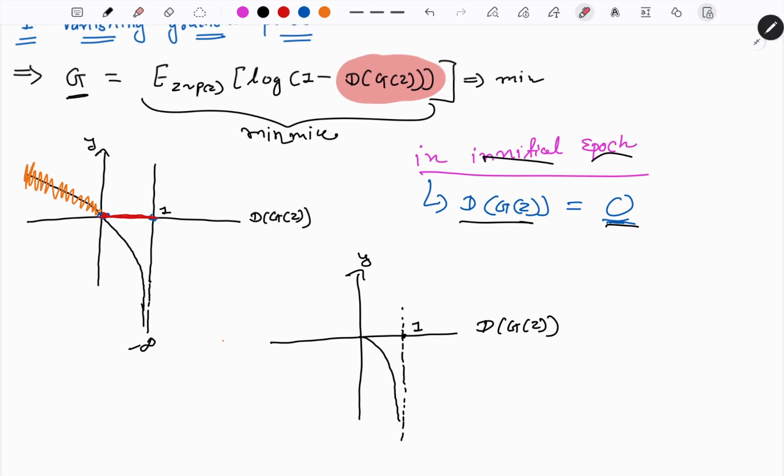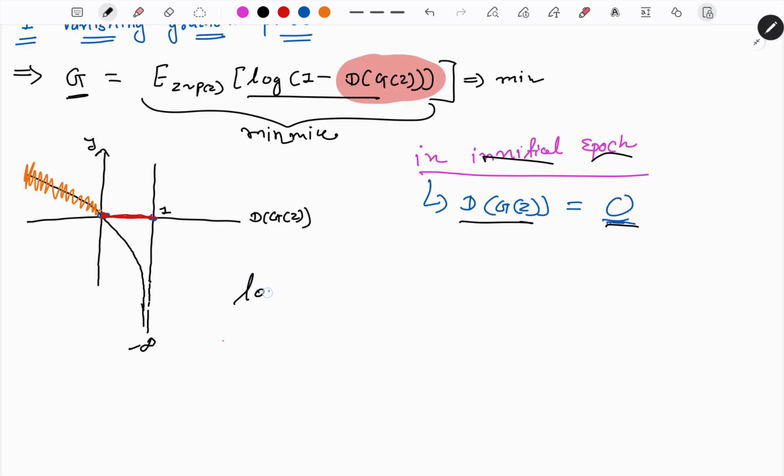Because of this, in our loss function, let me write only these terms: log of 1 minus D of G of z.